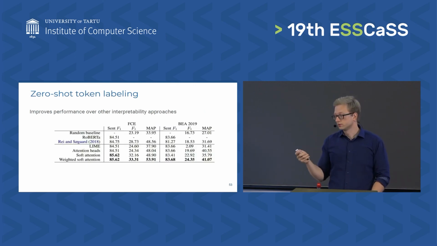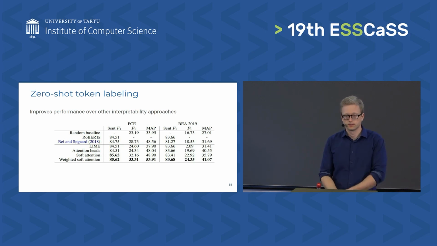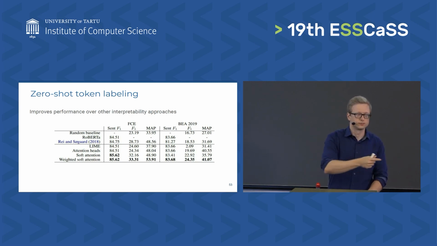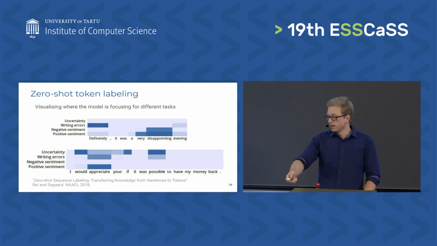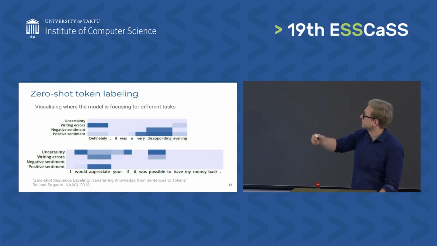This works quite well, particularly for a model that's not supervised on the token level at all. And we found that it does slightly improve the sentence level performance as well to use this architecture. And to finish off, some examples here.